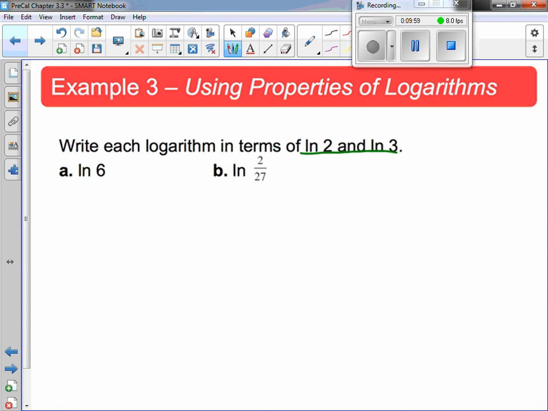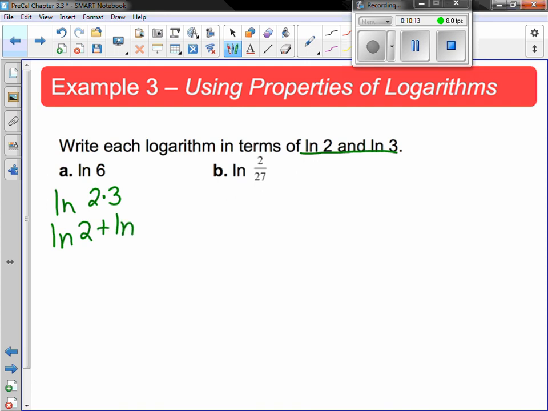So when we get done, we'll have that. Now, what is 6? 6 is the same as 2 times 3, yes? Multiplication property would say that this is ln of 2 plus ln of 3. That's it. That's all we have to do here. So this is just working on those properties.